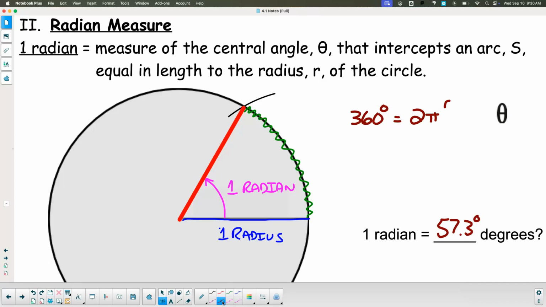The symbol for a radian, just like the degree symbol, is a lowercase r up in that exponent spot. Okay? So if you take 360 and divide it by 2 times pi, you would get approximately 57.3.